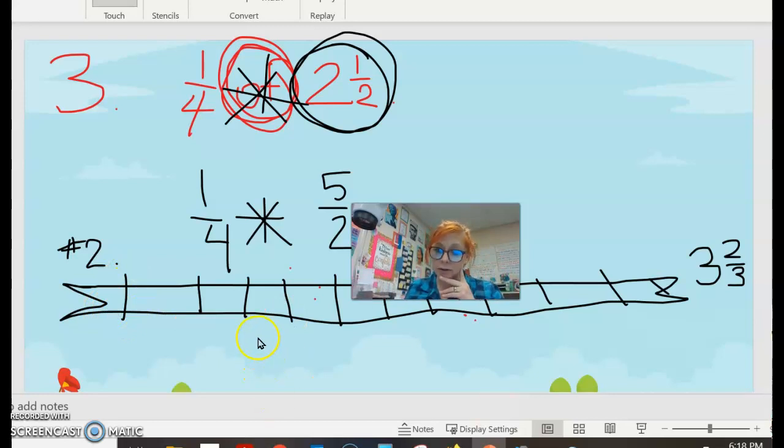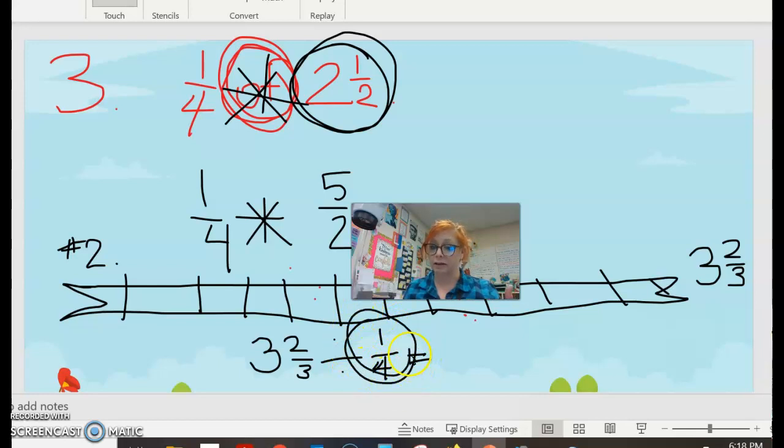So number 2, the problem is 3 2/3 divided by 1/4. And we just learned how to do division, so you should know that on the second fraction, you flip it upside down. That's the reciprocal. And then instead of dividing, you multiply.